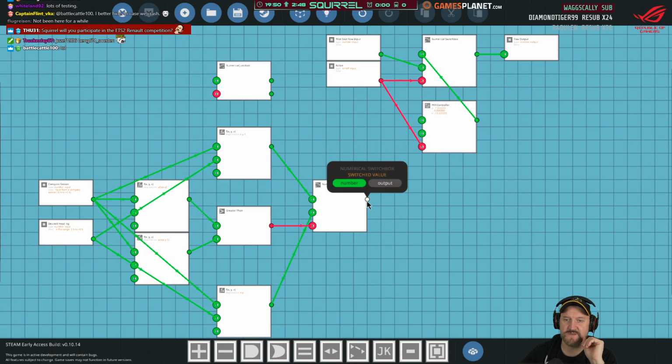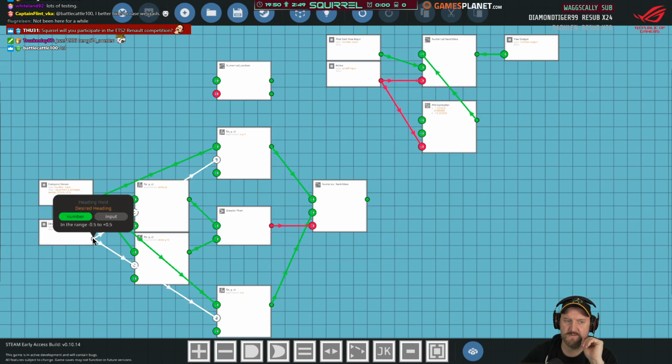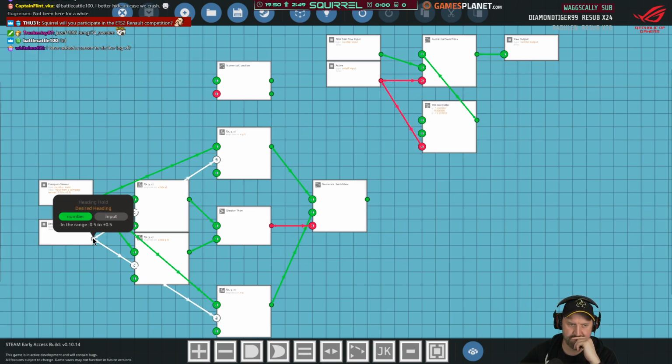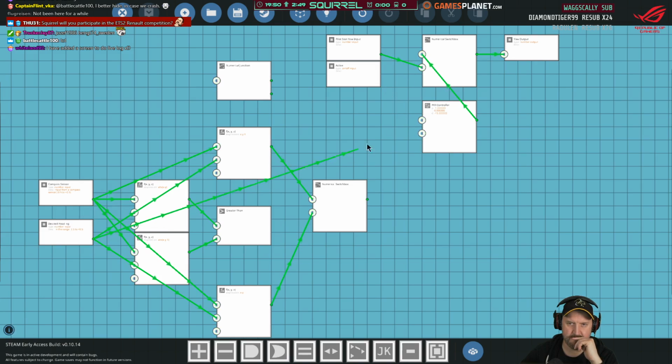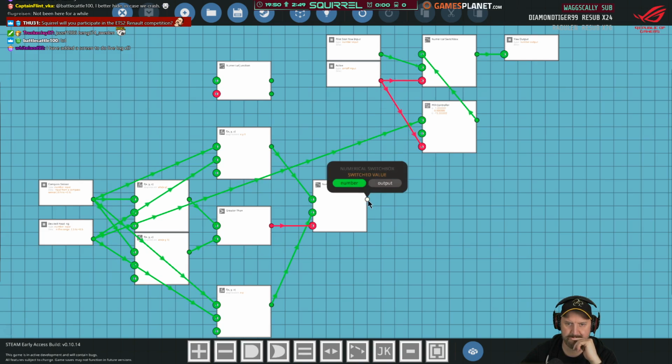Right, so we take this switched value and we're going to send it to the... So the set point's coming from here, isn't it? The desired heading. So that, if I've understood this correctly, goes into here.